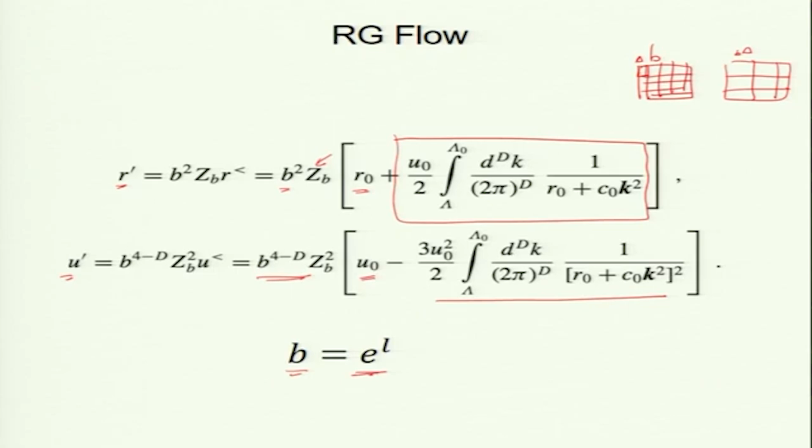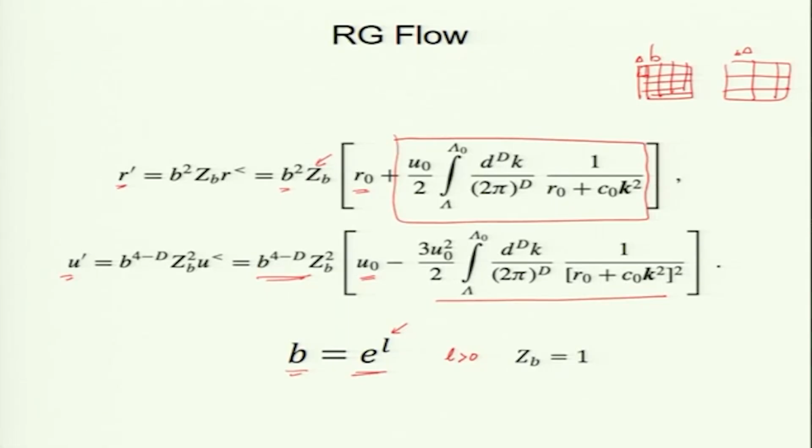But if you use b equal to e to the power l, l will be greater than 0. l equal to 0 corresponds to b equal to 1, which is the identity operation, no coarse graining. So l is greater than 0. You see that these equations become a bit better with l, so instead of b we use the variable l, and Z b is 1.